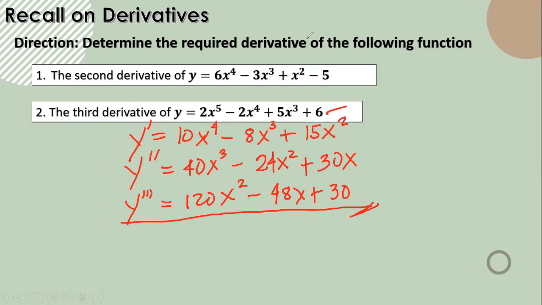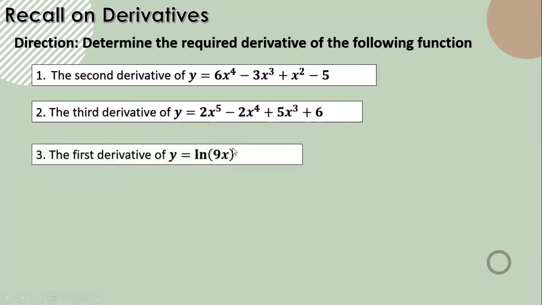For the third one, we have the first derivative of y is equal to ln of 9x. When it is in this form, that is the natural logarithm. So y prime, first derivative only. The ln disappears and the argument of the ln goes to the denominator.